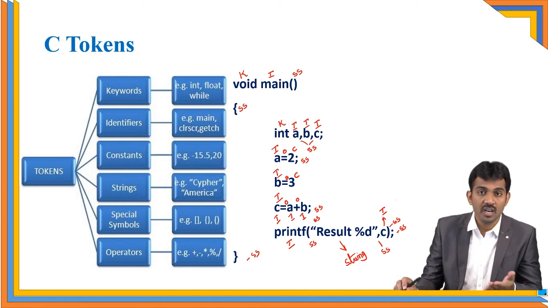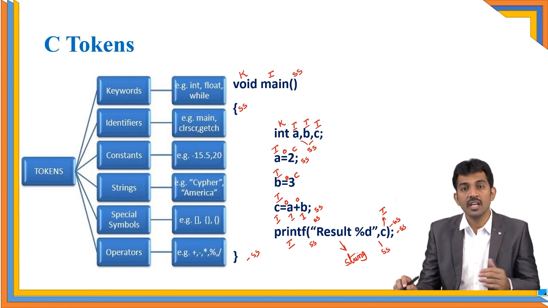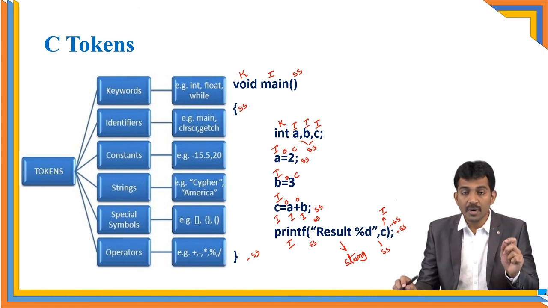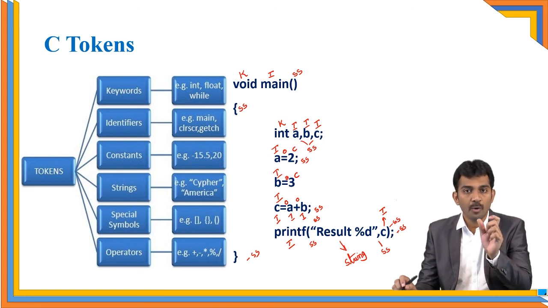Is it a keyword, an operator, a constant, or a string? You can take 2 to 3 programs, write them into your book, and identify what the tokens are and which category each comes under. That is very important, because if you want to learn a programming language, you should be very careful why you are writing a particular token, a particular part of the program.